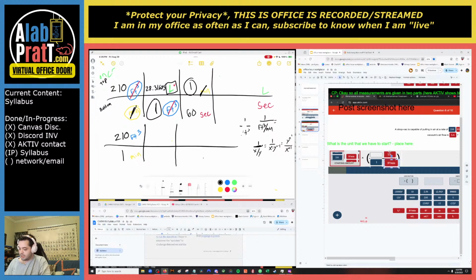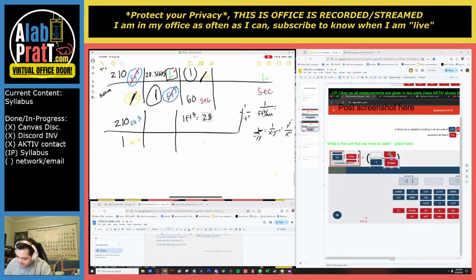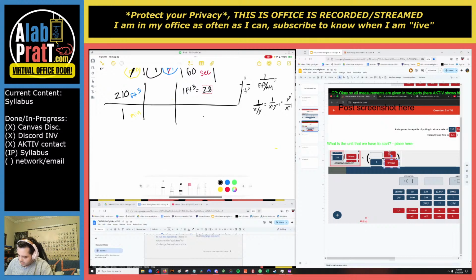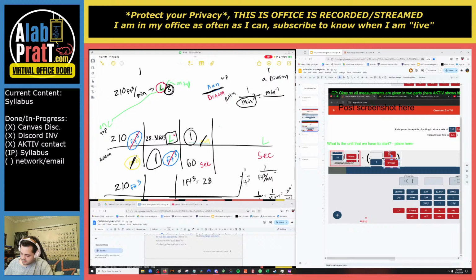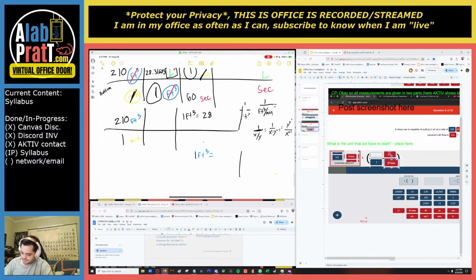So if I know that 1 feet cubed is equal to, I want to do this with colors, 28.31685 liters, we've already looked this up.